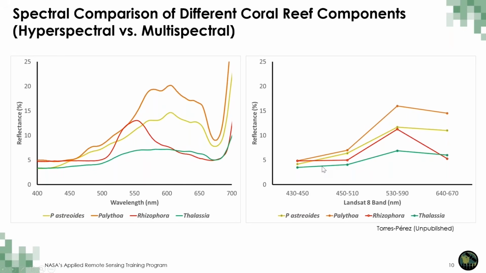You see that most of the spectral features that appear obvious to distinguish, particularly these reef components that we mentioned before in the hyperspectral in situ data, are lost in the multispectral adjusted data. Obviously, this is just for illustrative purposes, but at least you can see how different the data might look between hyperspectral on the left-hand side and multispectral on the right-hand side from exactly the same targets.